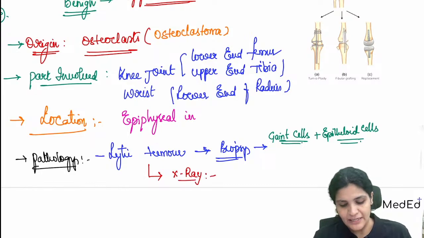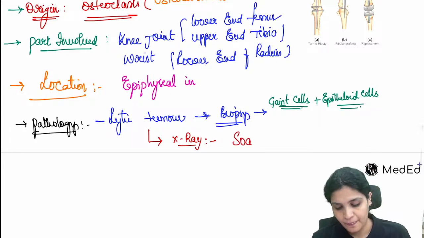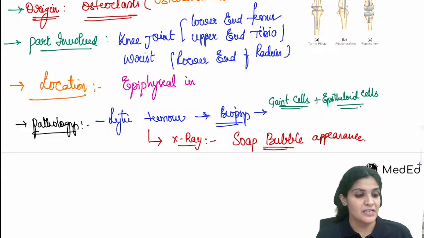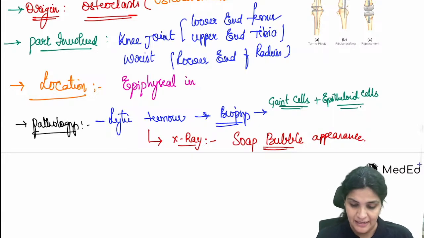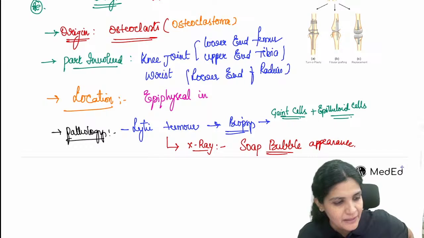Which appearance on the X-ray? Because of the lysis and septae, it gives the soap bubble appearance on the X-ray. That is the pathology where you see giant cells and epithelioid cells.